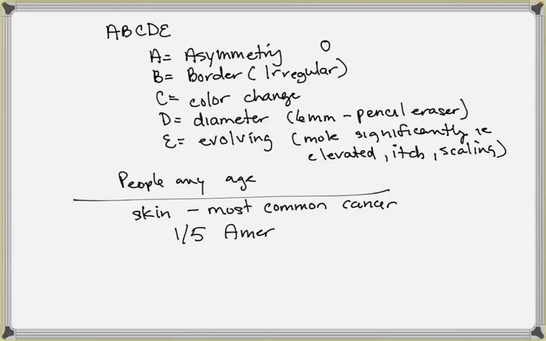And just to let you know, there is a gender difference here. More men die of and get diagnosed with melanoma than women do. 6% of the new cases are diagnosed in men for melanoma and 4% are for women.